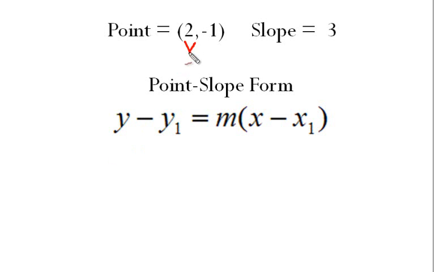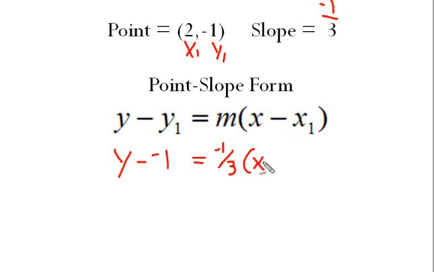It's my x1, my y1. So y minus my y1, which is negative 1, equals my slope, which is not 3, negative 1/3, x minus my x1, which is 2.